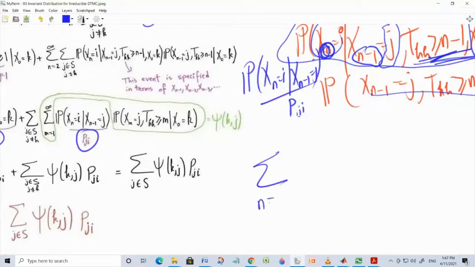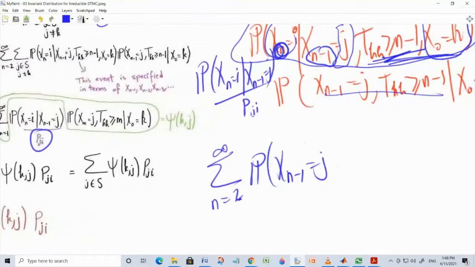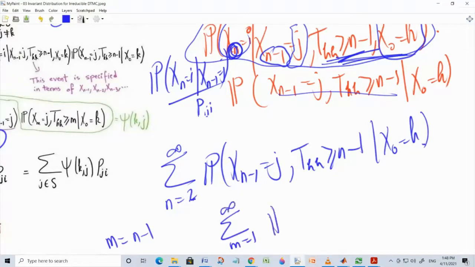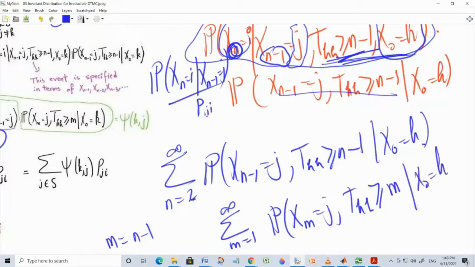So there is a summation n from 2 to infinity of the probability that X_{n-1} is equal to j, T_kk is greater than or equal to n minus 1, and X_0 is equal to k. Now define m equal to n minus 1. So m from 1 to infinity, probability that X_m is equal to j, T_kk is greater than or equal to m, and X_0 is equal to k.